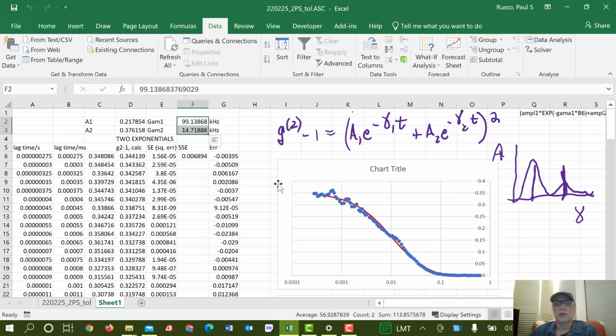Quite different. Actually, this is a little bit like the first search, only A2 and A1 inverted. So the fast one is now what used to be the slow one. So that can happen, and you have to be able to ferret that out yourself.